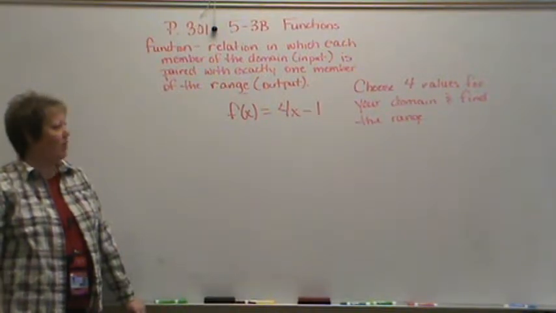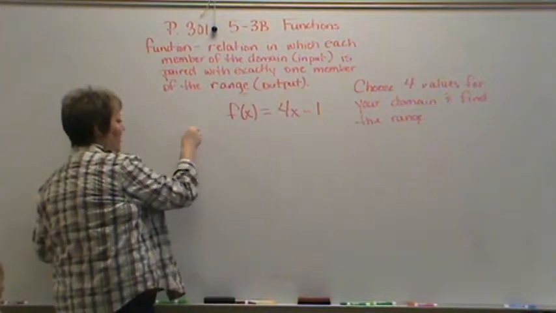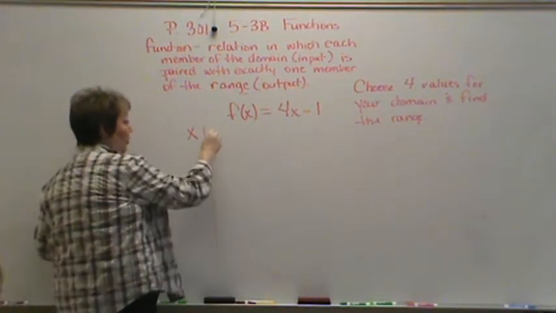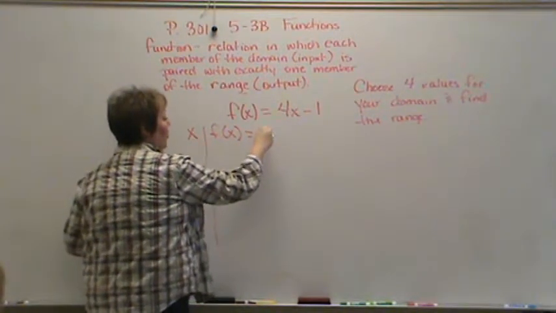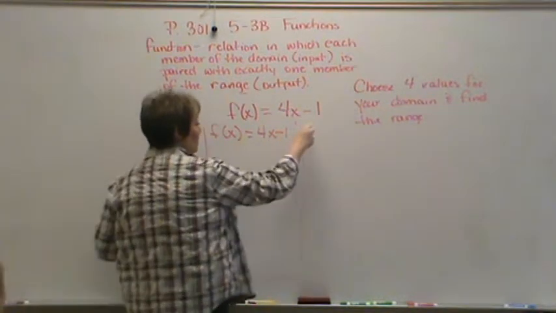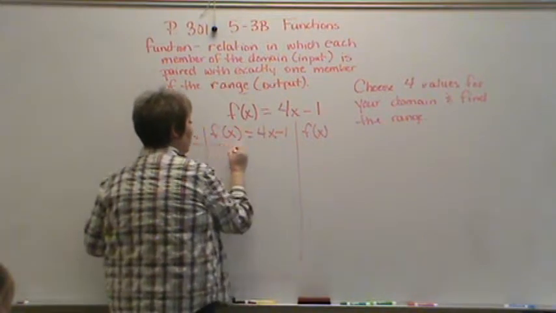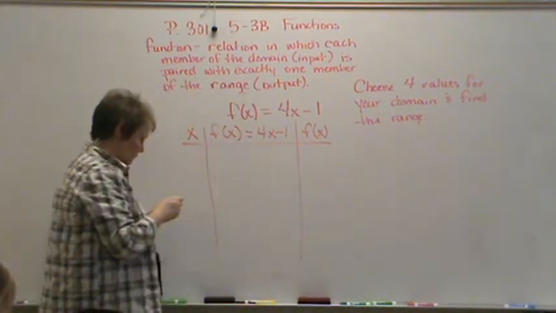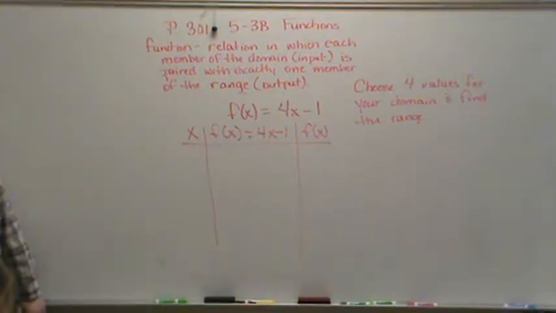Everybody working. Set up your function table. You're going to have x, your rule, f of x equals 4x minus 1. And that's going to give you the value for your function. We could make a story up for this.